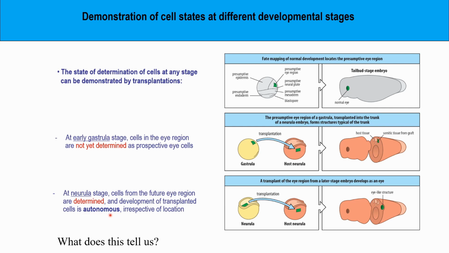So cells can grow and develop in autonomous fashions, where they are independent of their surroundings, or in non-autonomous fashions where surroundings will play a role. Well, I can hear you ask, that's all well and good, what do these things tell us? What good is this? Can it be used for anything?